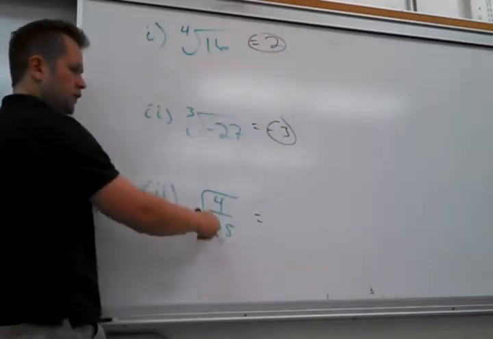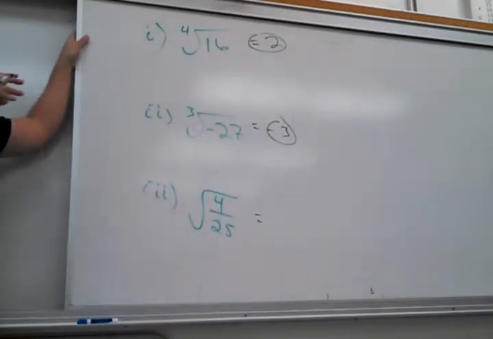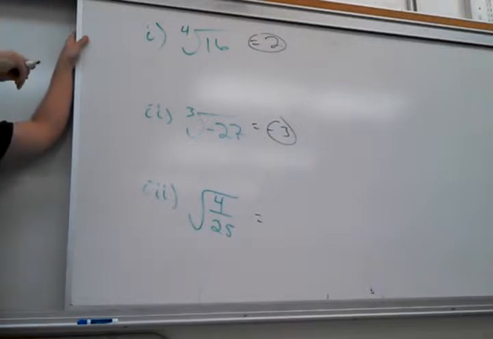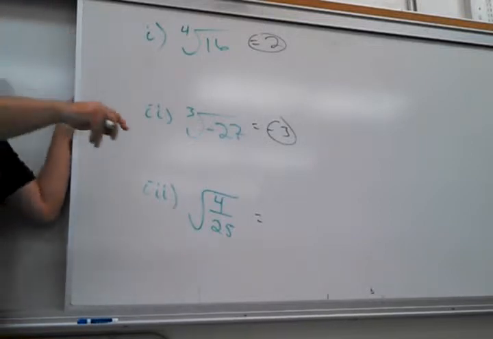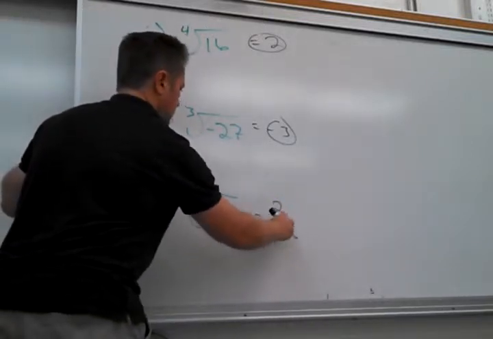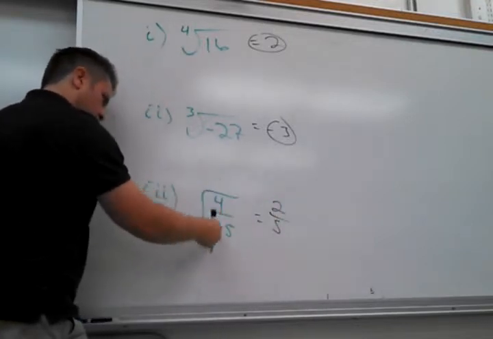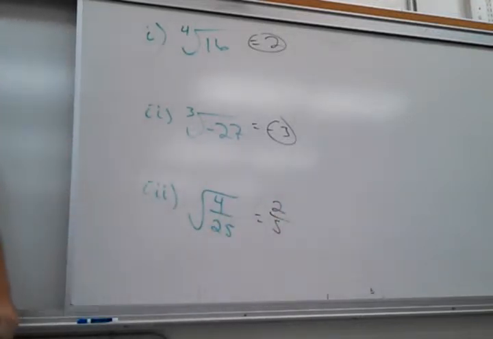And 2 over 5: the square root of 4 twenty-fifths. Sometimes people look at that and go, oh man, fractions, but the square root of 4 is 2 and the square root of 25 is 5. Sure enough, 2 fifths times 2 fifths would be 4 twenty-fifths. You can check. So fractions don't bother us. Or can we write it as 0.4? Definitely not.